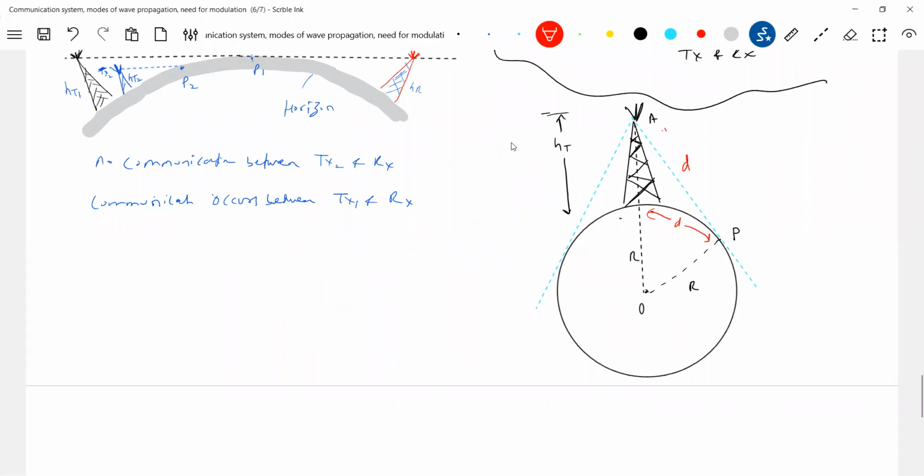It's an arc, I think, this one. So we have a triangle here. What is HT? Height of the tower. Don't get confused with other things. Okay, let's look at the mathematics. OA square, this will become a right angle triangle.